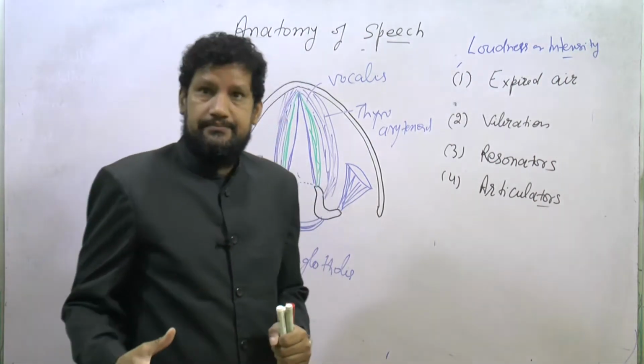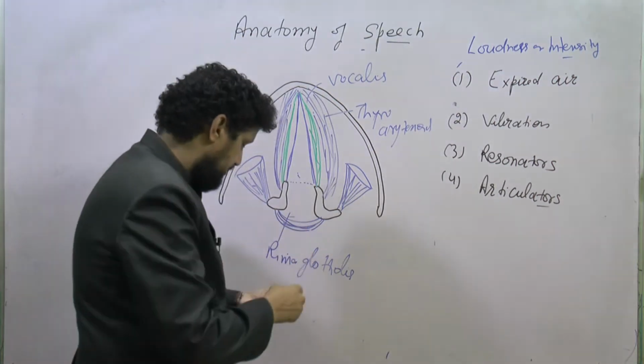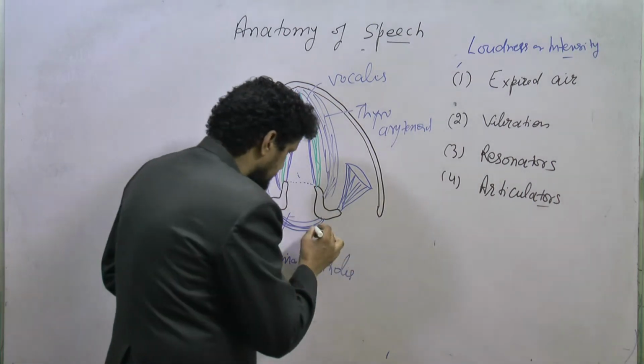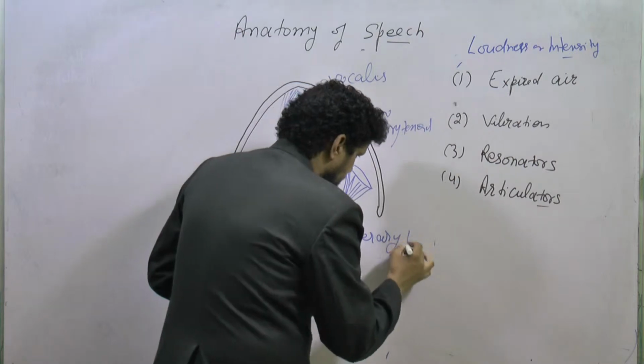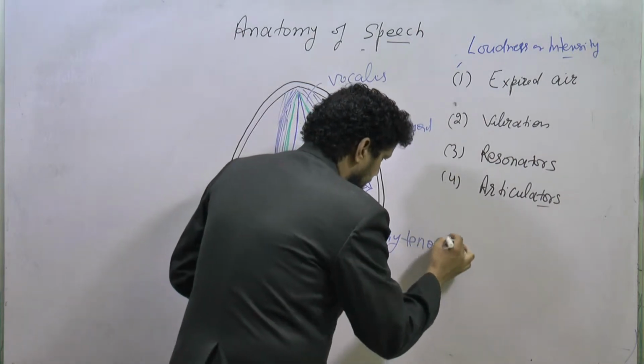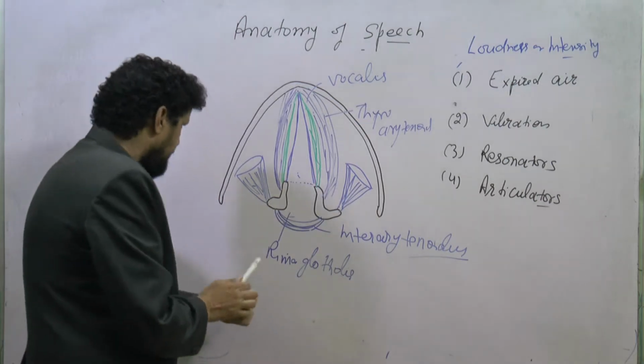At the same time, there is contraction of the interarytenoid muscle. This muscle is the interarytenoid. So what is happening here?